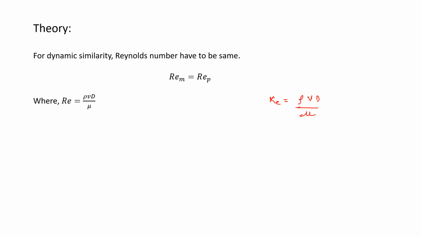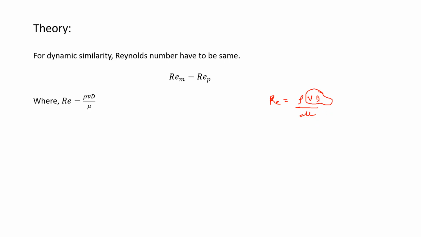What I will do is make the flow conditions similar by adjusting v and d in such a way that I get a similar Reynolds number, and then I can study the behavior of this prototype. Based on those results I can analyze the actual model, which is a big structure. So that's what it is based on.